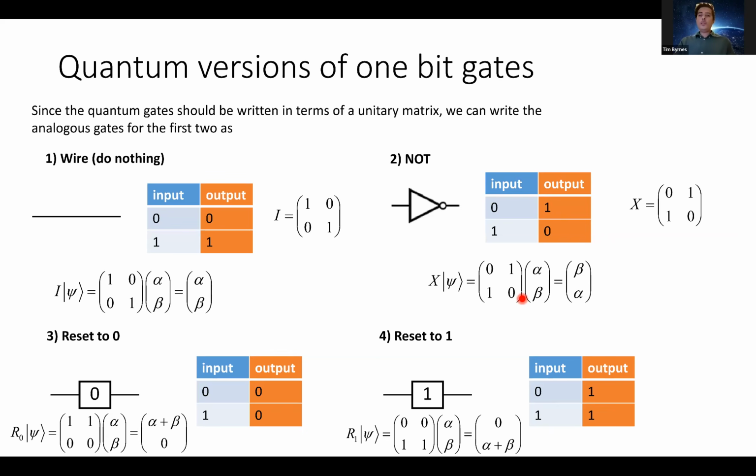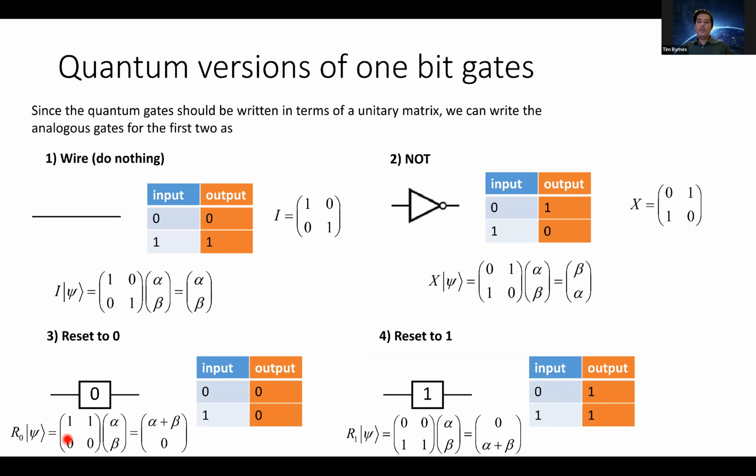But the ones at the bottom are not, because they are not unitary operations. The key thing about unitary operations is that they must be reversible. In other words, the matrix must have an inverse.